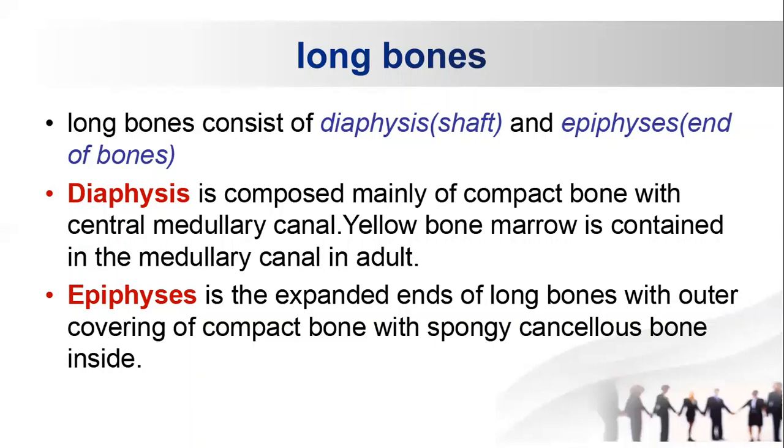Epiphysis is the expanded ends of long bones with an outer covering of compact bone with spongy cancellous bone inside. Most of it has some marks or landmarks, which are regions for muscle, ligament and tendon attachment.